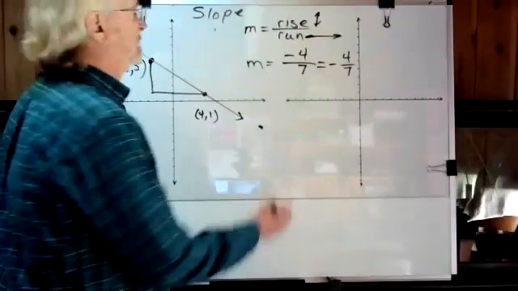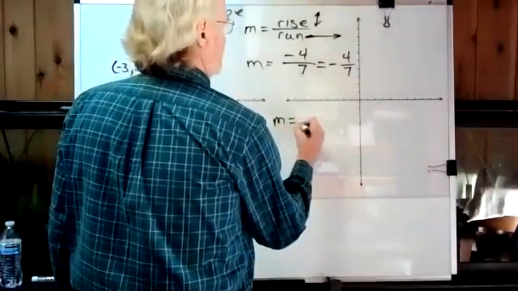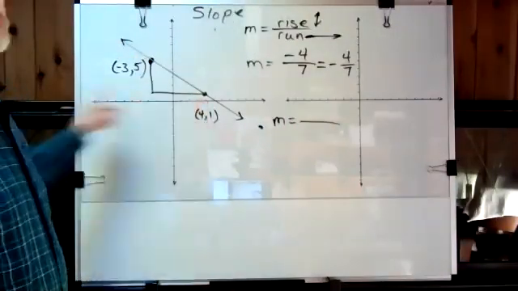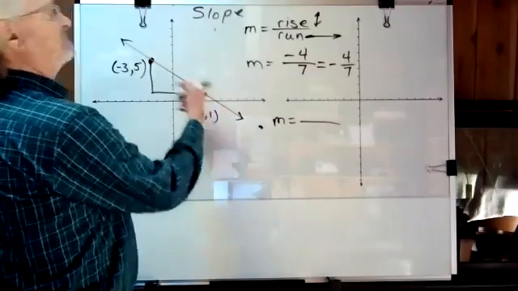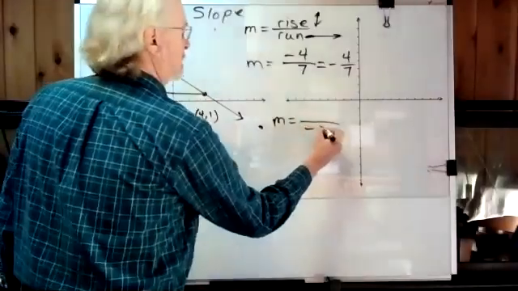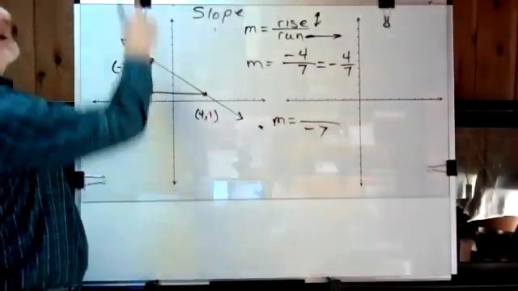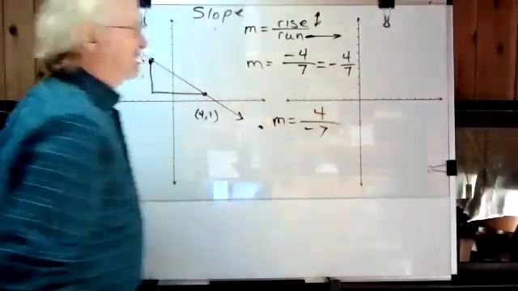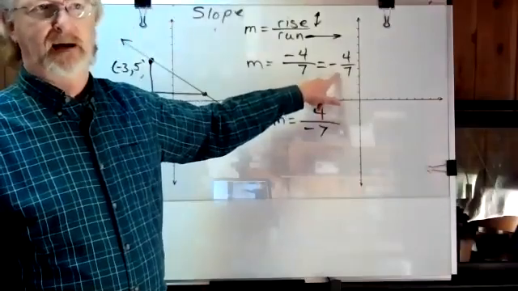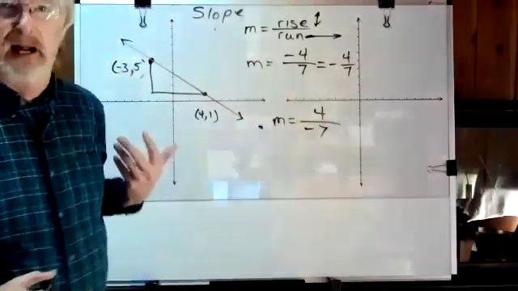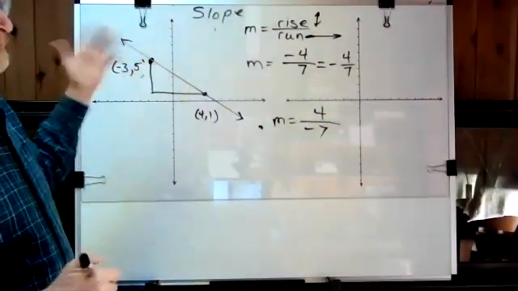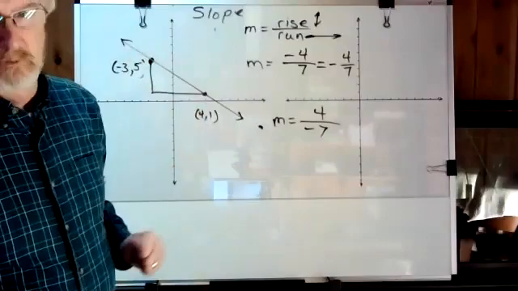For example, if I decided I wanted to start here and count this way, then I'd be going negative run, -7, but from this point to there, I went up +4. So there I have positive 4 divided by negative 7. I still get this same negative slope value, if I choose to read it backwards. Big picture though, you want to be able to look at that and say, whoops, it's going downhill. I better get a negative slope for that one.